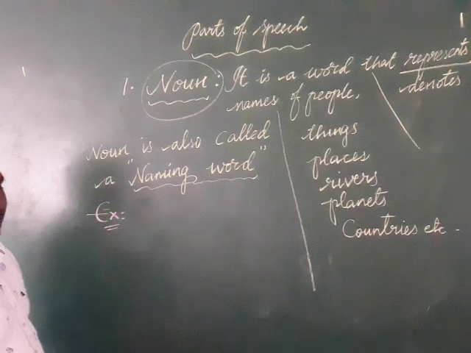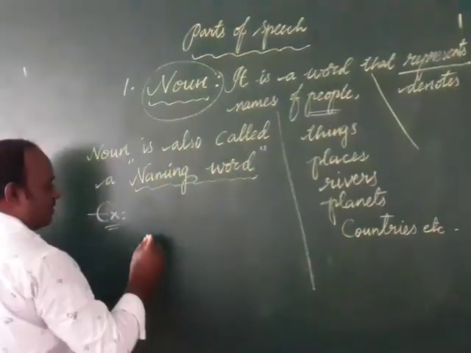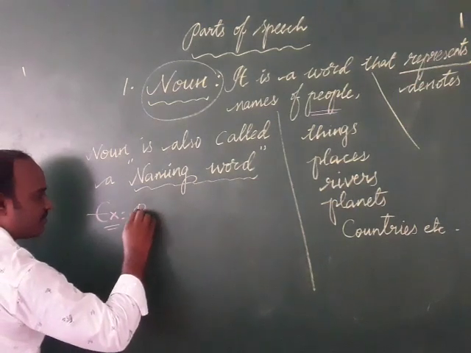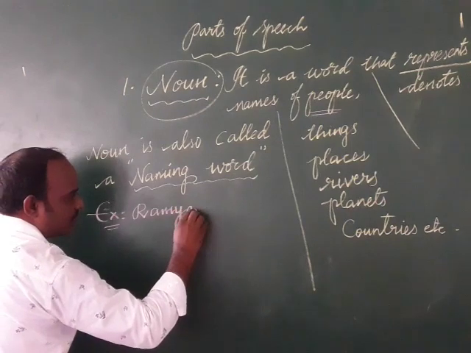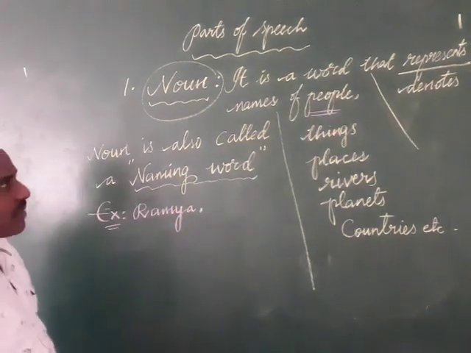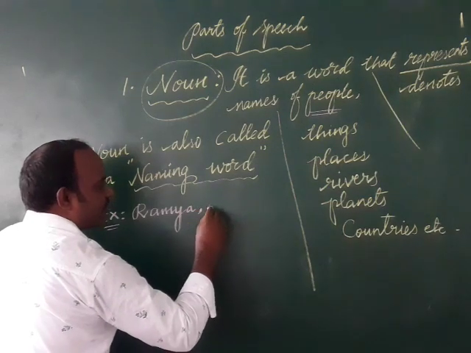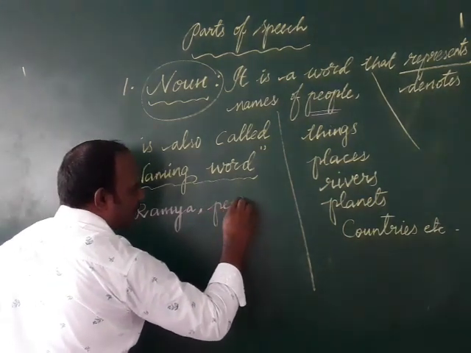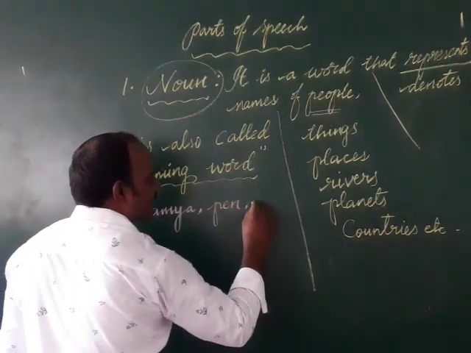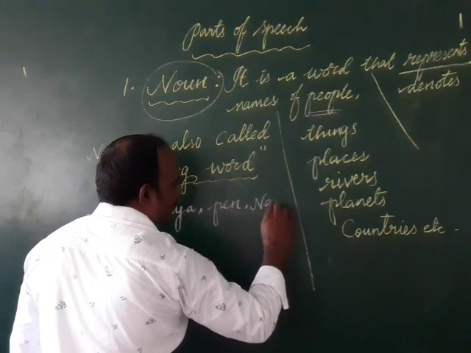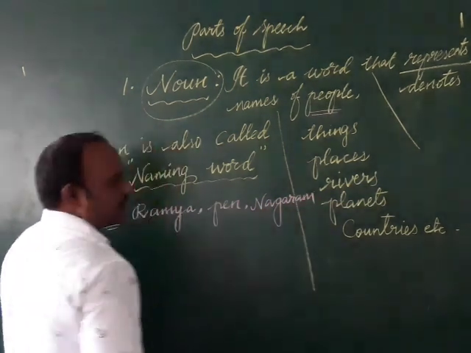Examples for some nouns. Examples of people, for example, Ramya. Things: pen. Places: Nagaram.